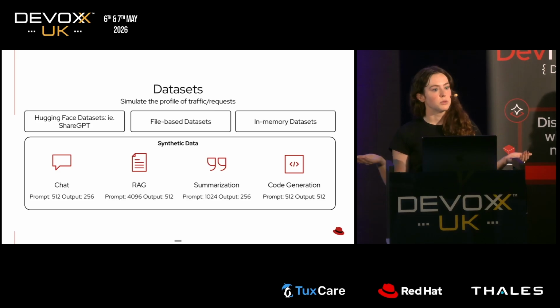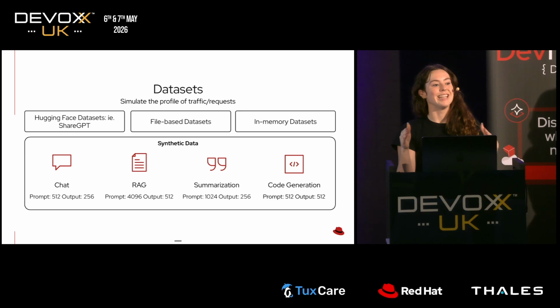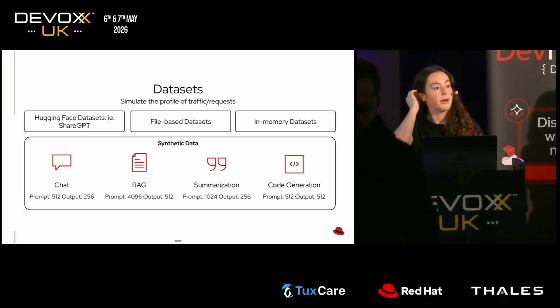With RAG, as I mentioned before, we're taking in a lot more, probably around 4,000 tokens. And then the output is going to be about twice what it is for chat, right? Summarization is a use case that a lot of us use AI for. The prompt there is probably going to be about 1,000 words, and we're going to want to get about a fifth of that.